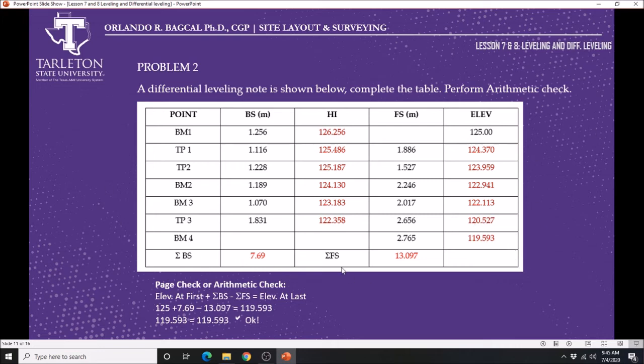In this particular illustration, the surveyor only did one direction. It didn't go back to the first elevation. That's why you will notice here it ends up at benchmark 4. That is okay.